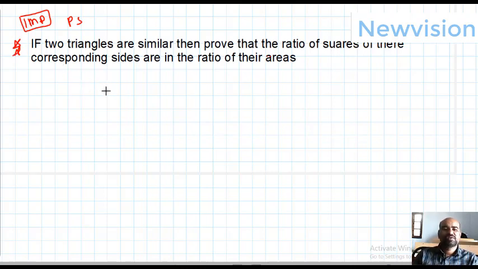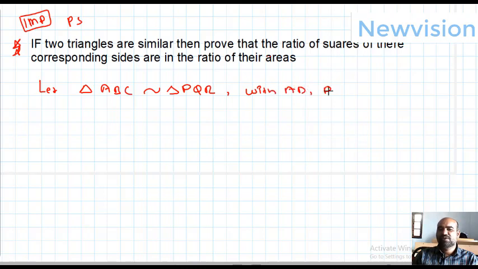Now I will prove this. Let triangle ABC be similar to triangle PQR, with AD and PS as corresponding altitudes.